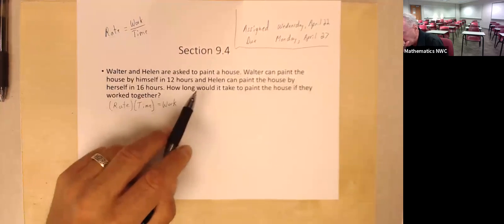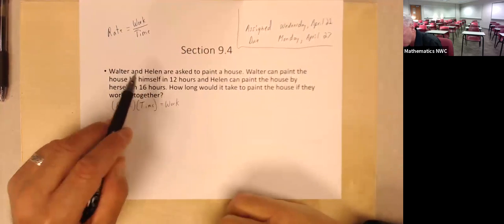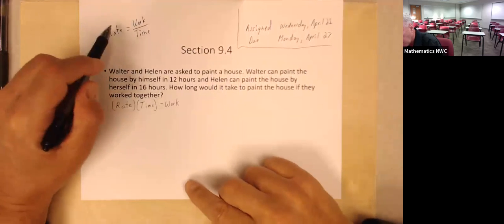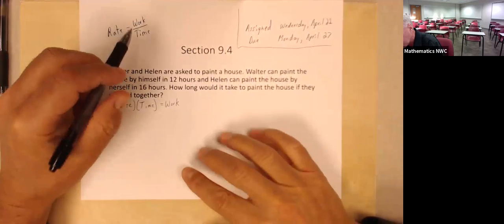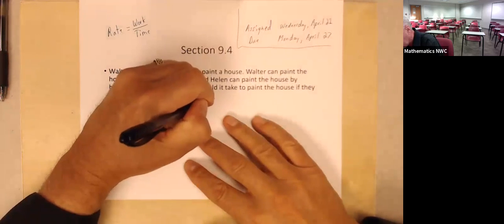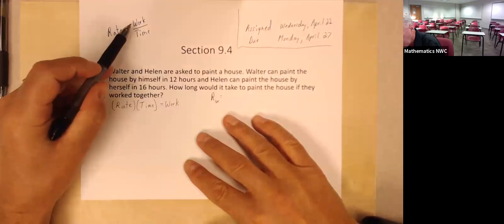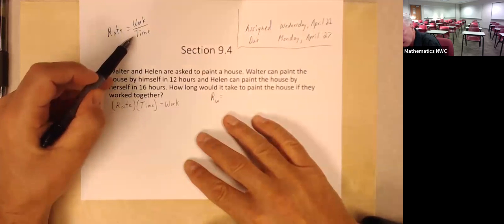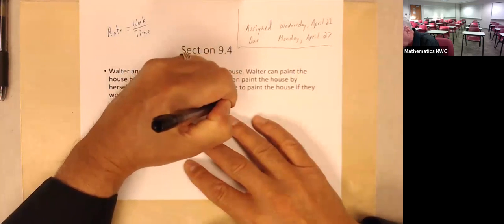Walter can paint one house by himself in 12 hours. So the rate of Walter would be one house in 12 hours. So I'm going to write that down here. Rate of Walter, R sub W, one house in 12 hours. So that would be 1 over 12.